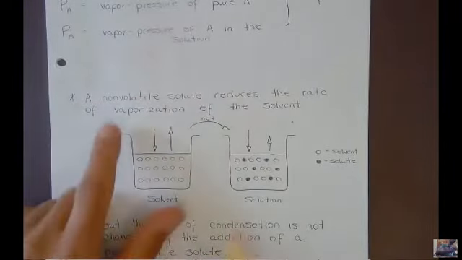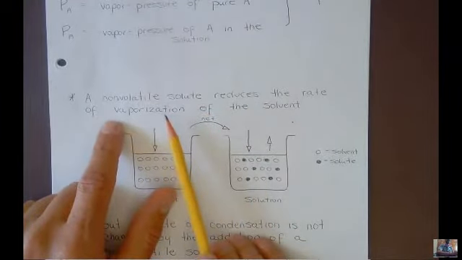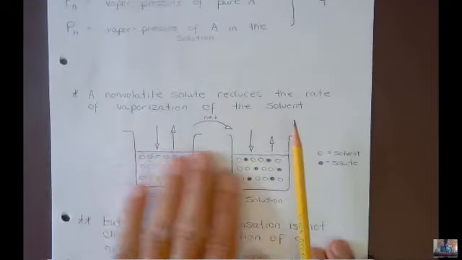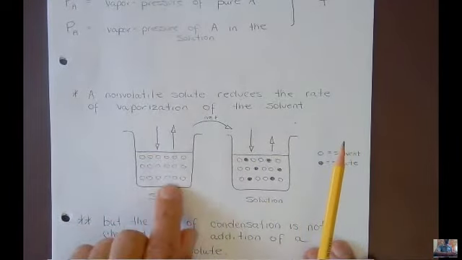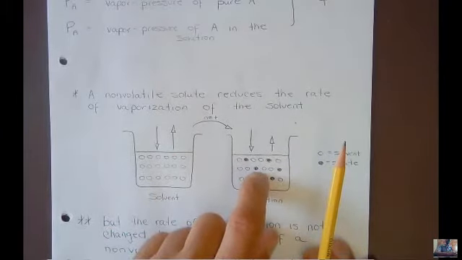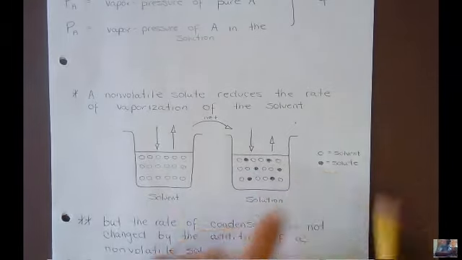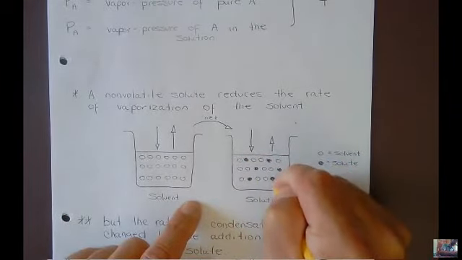I have a non-volatile solute, and it's going to reduce the rate of evaporation of the solvent. So here's the pure solvent. All the molecules are the same, there's no junk in it. Here's the solution. Those darker, colored-in guys are the impurity.